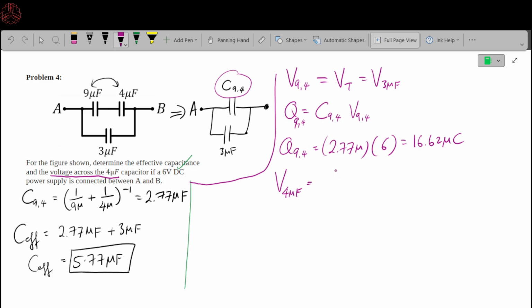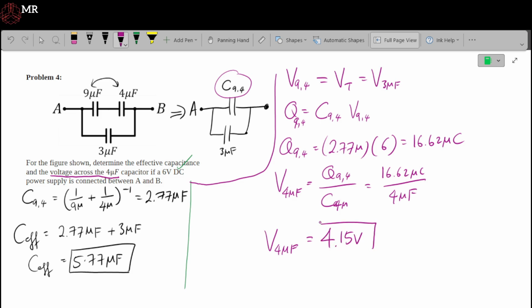Okay, so if I were to look for the voltage across the 4 microfarad capacitor, I can quite simply do it by dividing Q9,4 by C4. Okay, then I have 16.62 microcoulomb over 4 microfarad, and that leaves me with the voltage across the 4 microfarad capacitor to be approximately 4.15 volts, and that is my final answer.